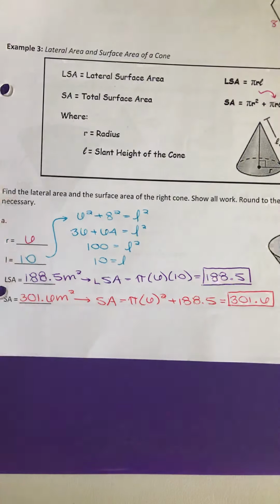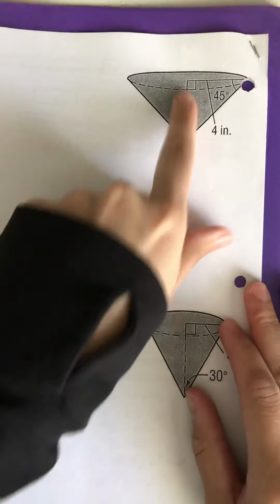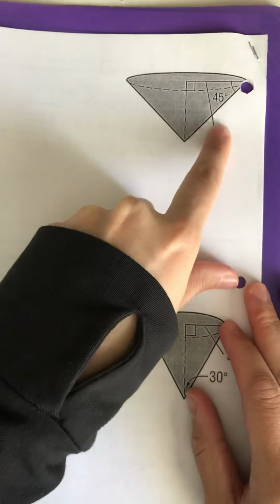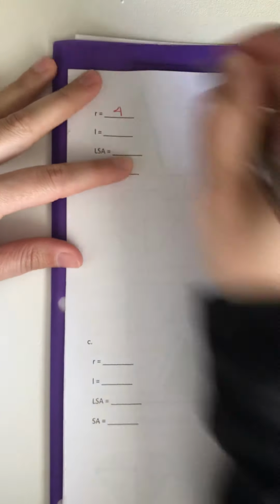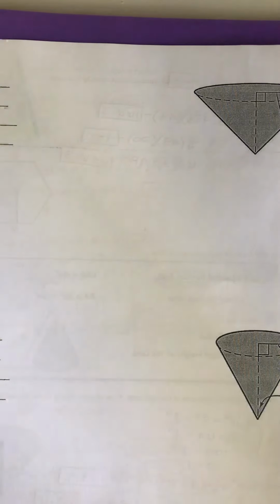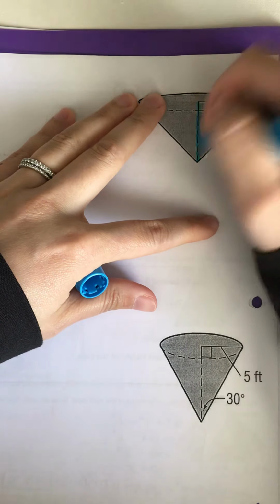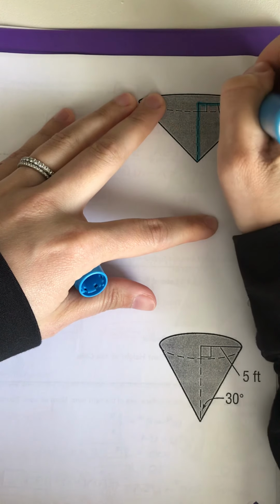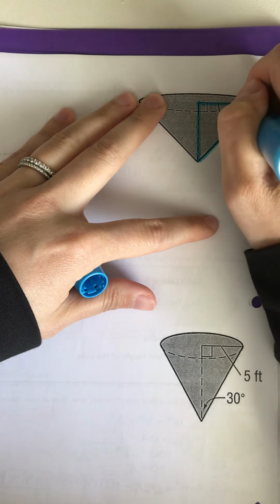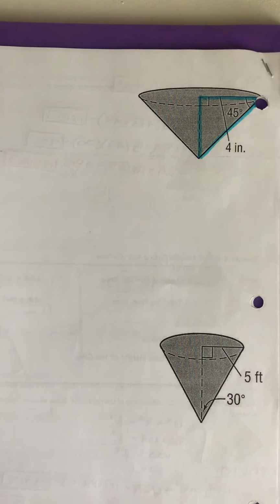Let's flip to the back. We're going to make them a little harder here. So this first one tells me that my radius is 4. In order to find my slanted height, I can't do Pythagorean theorem, but it is a 45, 45, 90 triangle.